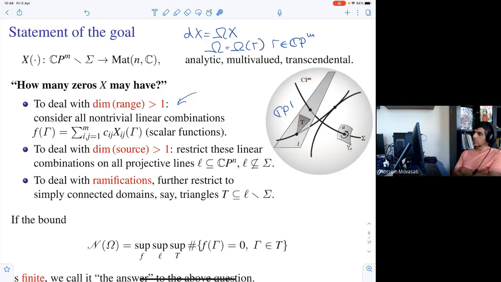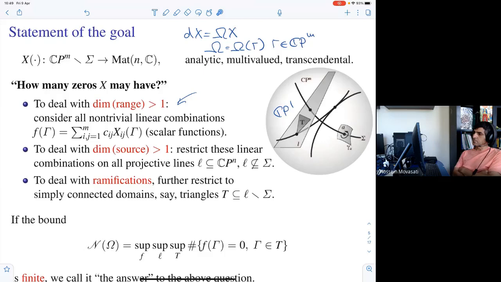Why a triangle? First, because it's simply connected. And therefore, inside each triangle, I can choose a branch of the functions. If I choose a different branch, I will just get a different function from this linear combination. So if I get bounds for the numbers of zeros that are uniform, then all will be covered.